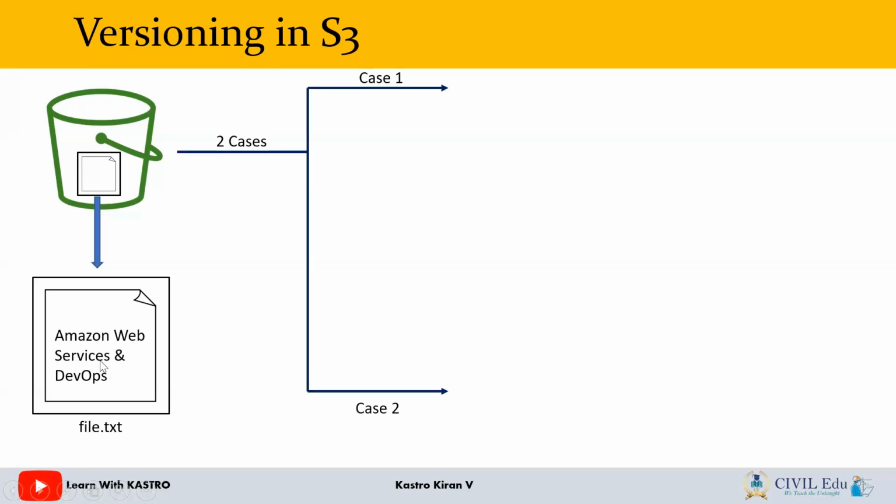Let us understand the first scenario. Before talking about case one, let me repeat once again. I have uploaded an object into the S3 bucket named file.txt, and inside it I have written the content Amazon Web Services and DevOps. Now in case one, if I try to upload once again the same file with the same content, what will happen?